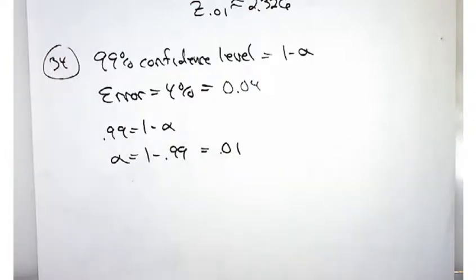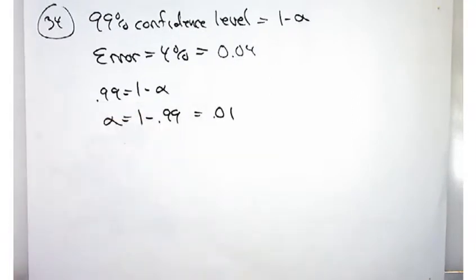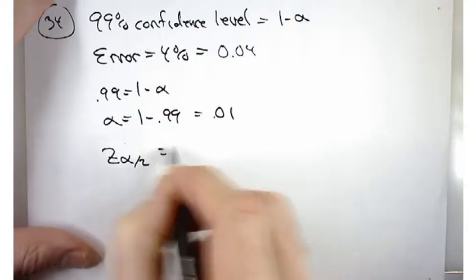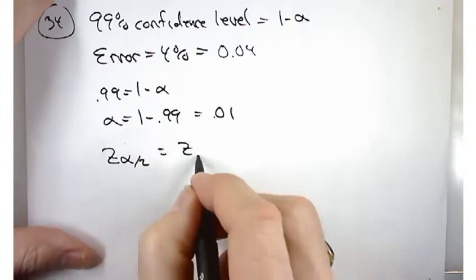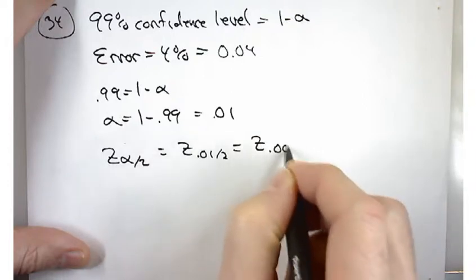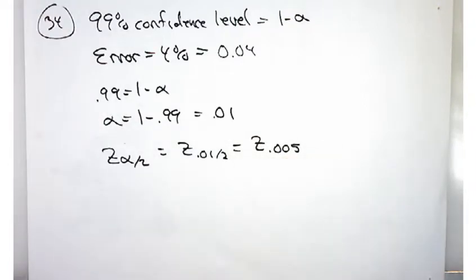Nothing dramatic there. But from here, I need to find z sub alpha over 2, which is z sub 0.01 divided by 2, or z sub 0.005. Now, it's not 5%, it's 0.5%. So let's keep that in mind when we look things up.